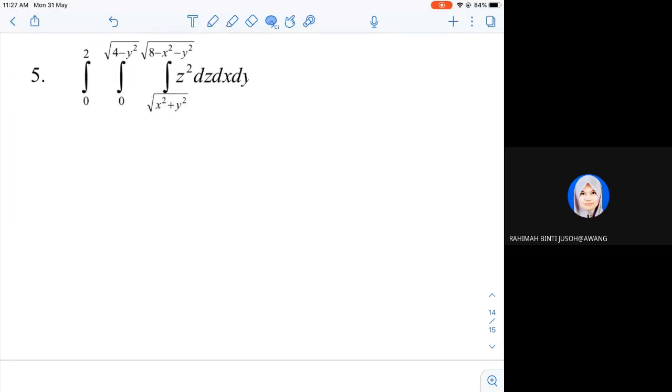Okay, we have 2 equations here. z equals to square root of x squared plus y squared. So we know that this is a cone, right? This is a cone.